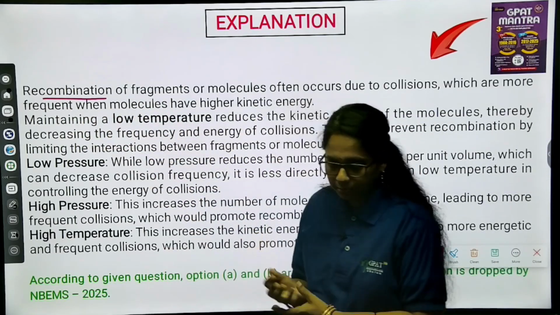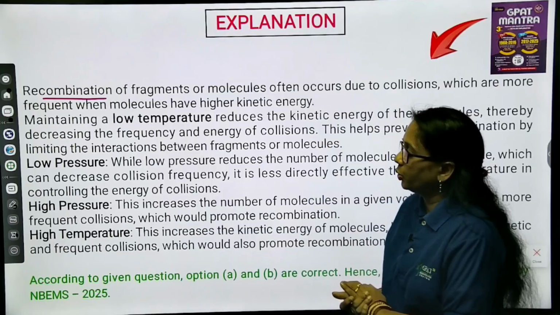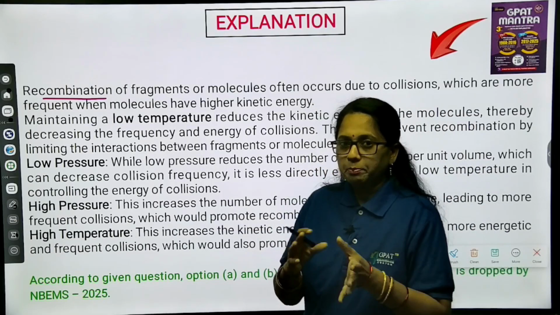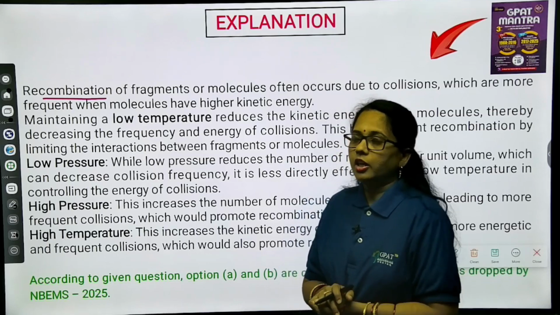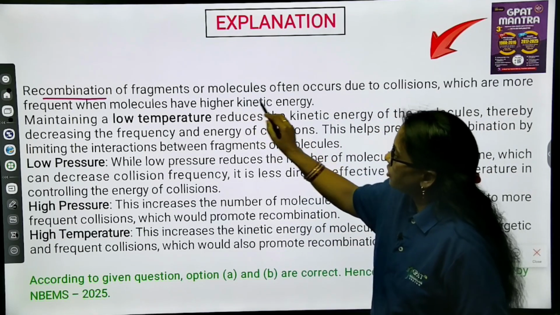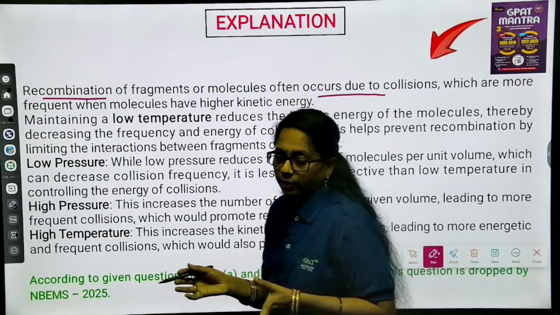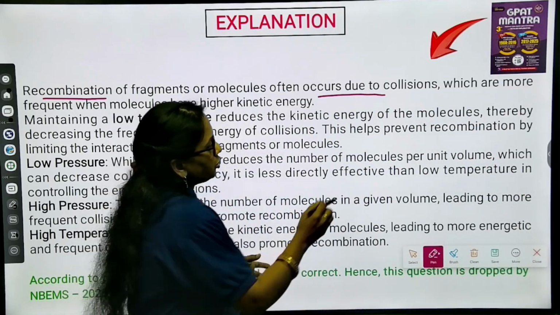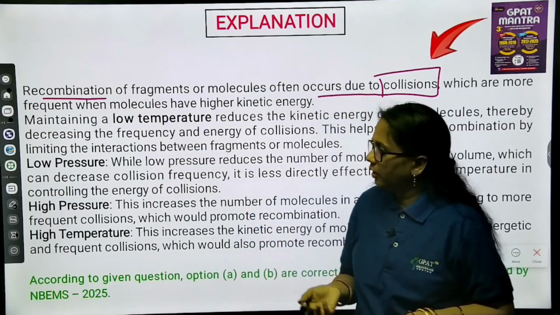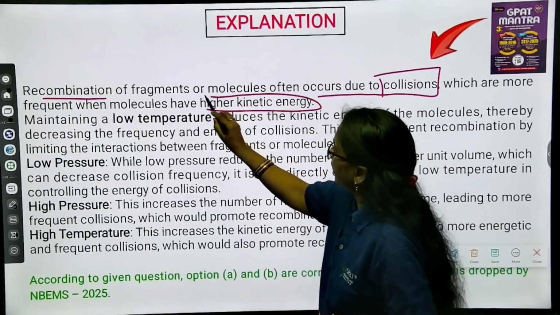Whenever the fragments are formed, again due to some temperature and pressure conditions, you are going to see the recombination of the fragments. These recombinations between the fragments or molecules occur due to collisions, which are more frequent when molecules have higher kinetic energy.